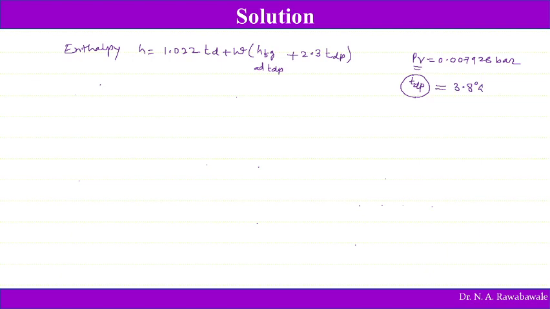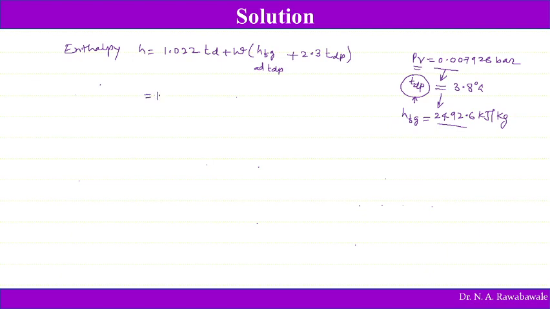TDP is known, so corresponding to this TDP we can find the enthalpy of vaporization, that is HFG, and that works out to be 2492.6 kilojoules per kg. So first we know PV, from PV we obtain TDP, and from this we obtain latent heat of vaporization from the steam table, that is HFG. So this HFG can be used here.